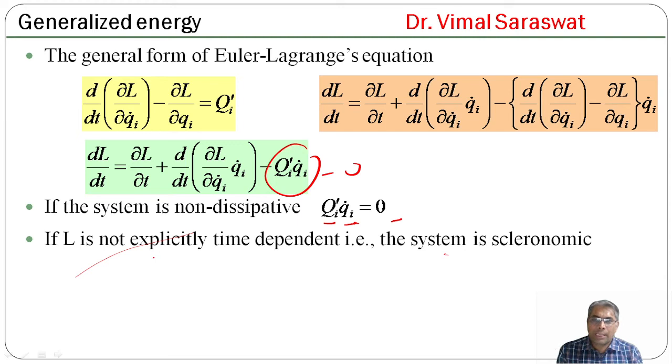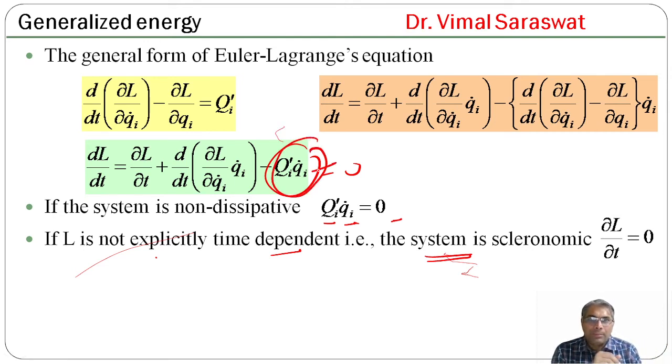If L is not explicitly time dependent, that is, the system is scleronomic, then ∂L/∂t equals 0. So for a non-dissipative system this term is 0, and for a scleronomic system this term is 0.